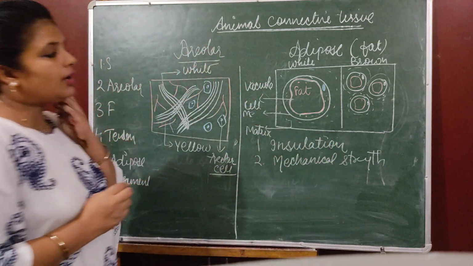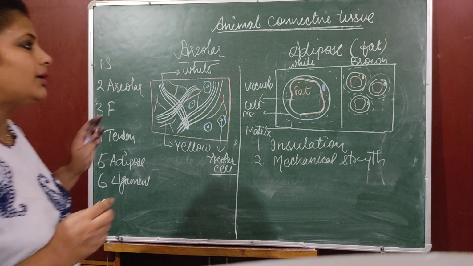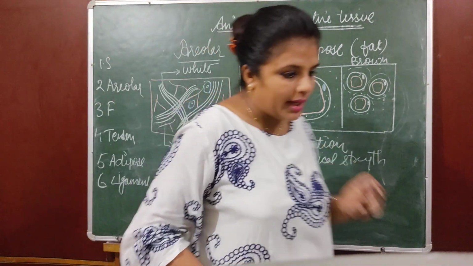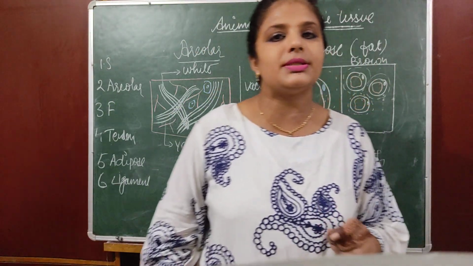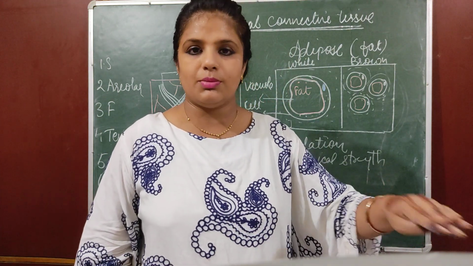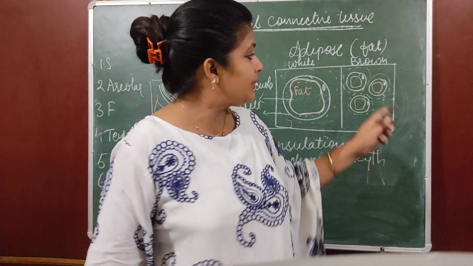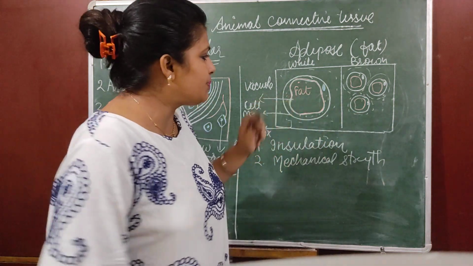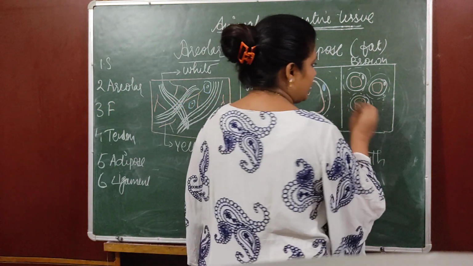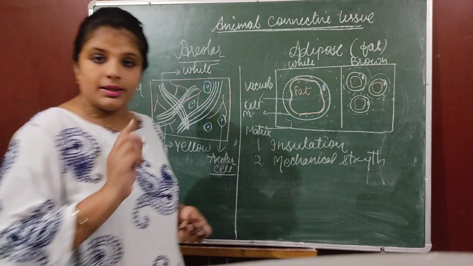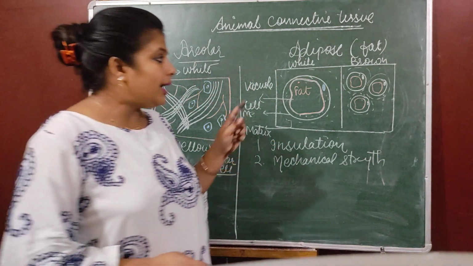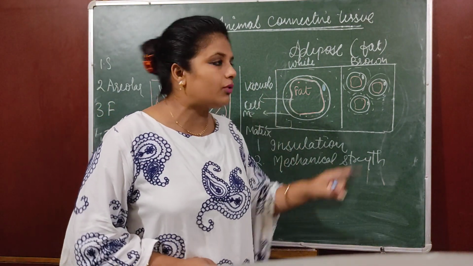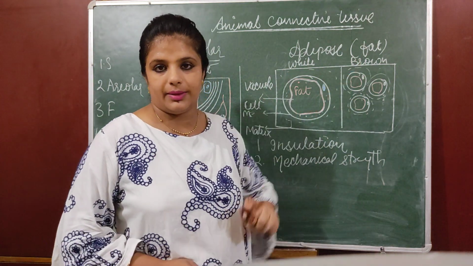Now, if we compare white fat and brown fat, this brown fat is generally present in infants. छोटे बच्चों में पैदा जब बच्चे होते हैं उनके अंदर, because they need more energy. This brown fat consists of more mitochondria also. They contain more mitochondria, and because of the presence of mitochondria, they are brown in color.